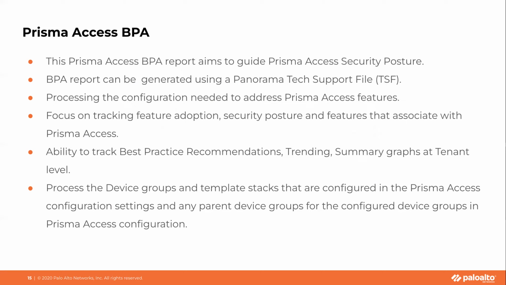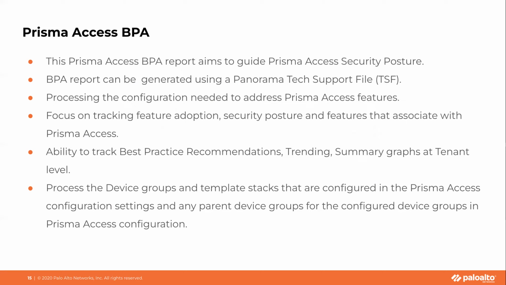It gives you the ability to track best practice recommendations, trending, and summary graphs at tenant level. It processes the device groups and template stacks configured in the Prisma Access configuration settings, and any parent device group for the configured devices or groups in the Prisma Access configuration.